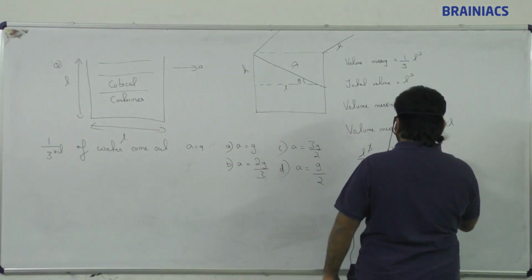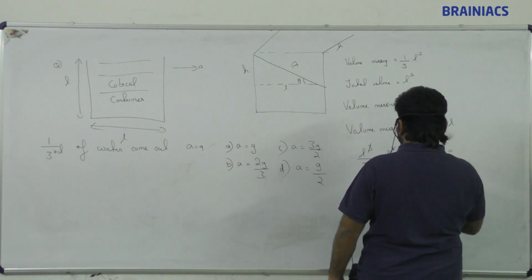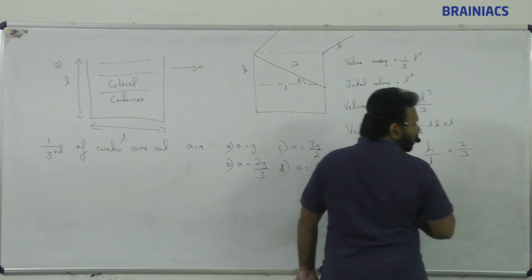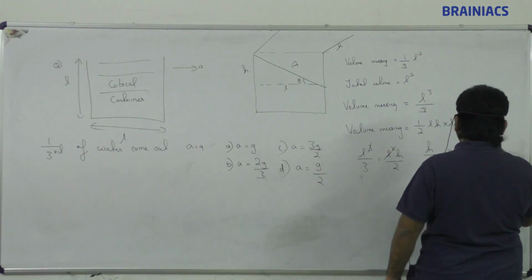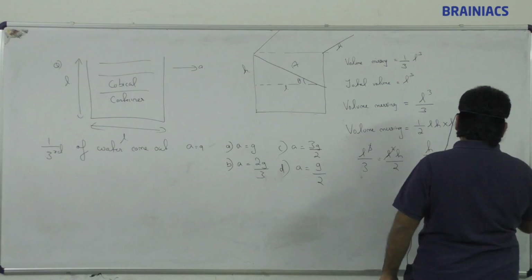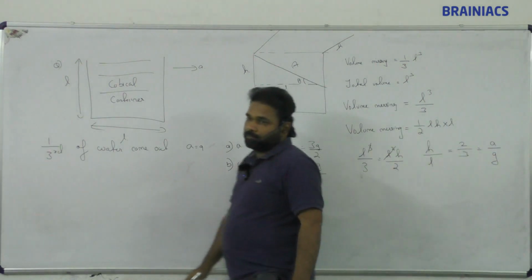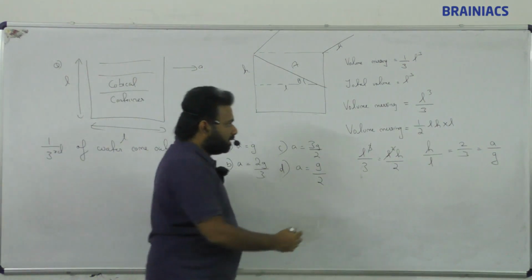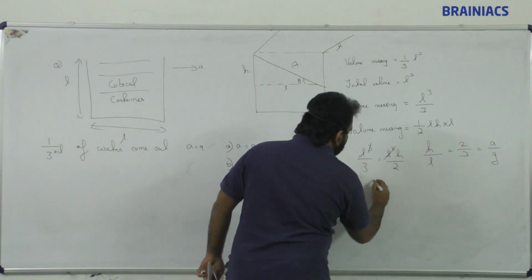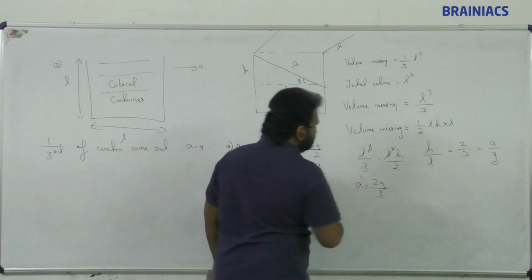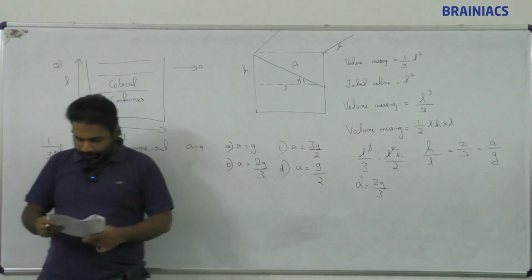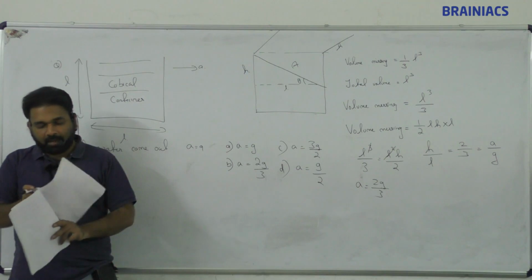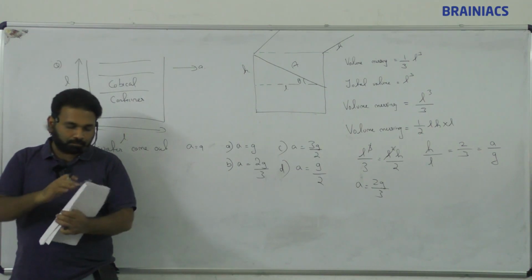Then we can write H by L is equal to what? 2 by 3. So H by L is equal to what? A by G, so A is equal to 2G by 3, correct or what? So in this way we can have questions from this area.